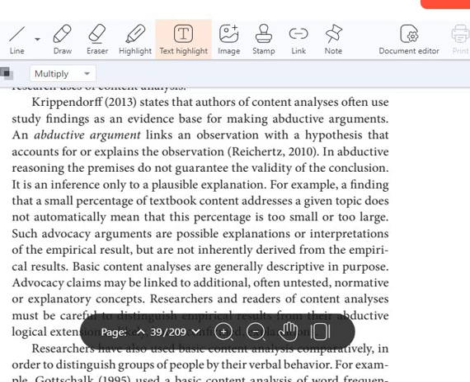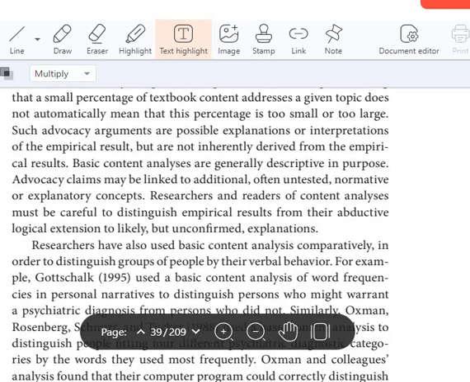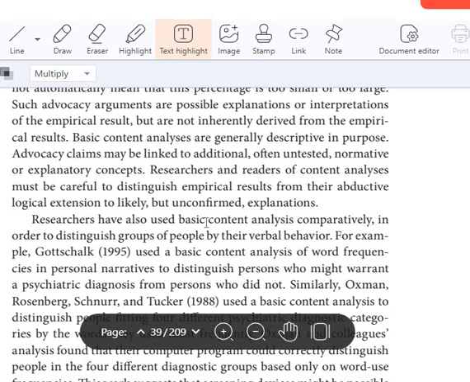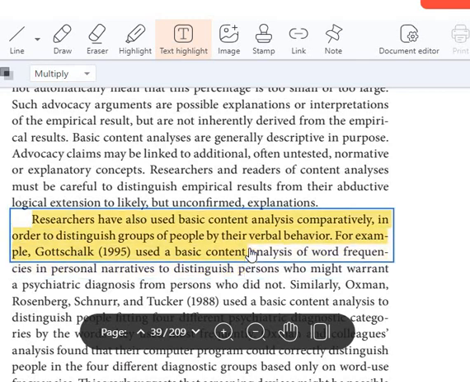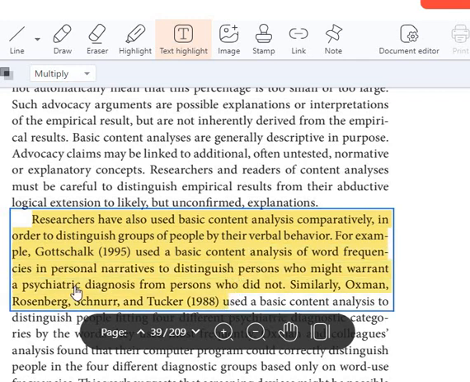Okay, and here they say that such content analysis is used descriptively and comparatively in order to distinguish groups of people by their verbal behavior. This is an example of Gottschalk, 1995, who used a basic content analysis of word frequencies in personal narratives to distinguish persons who might warrant a psychiatric diagnosis from persons who didn't.